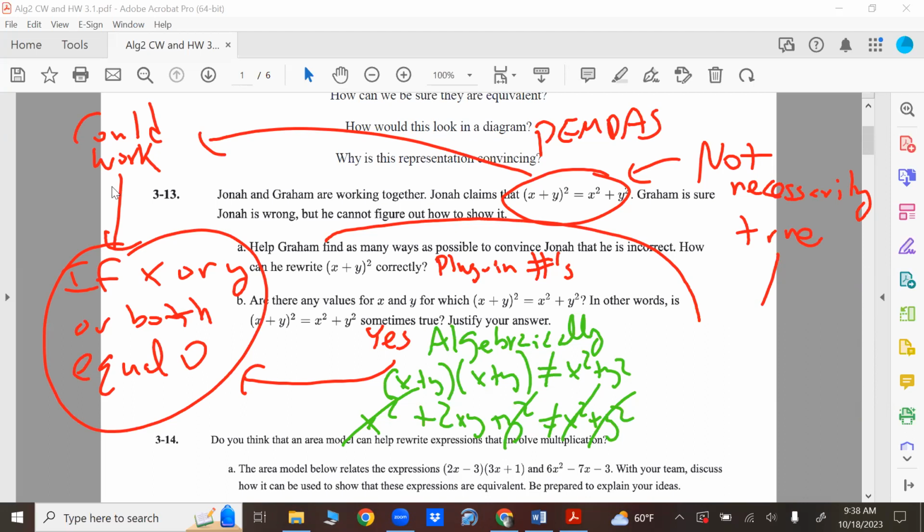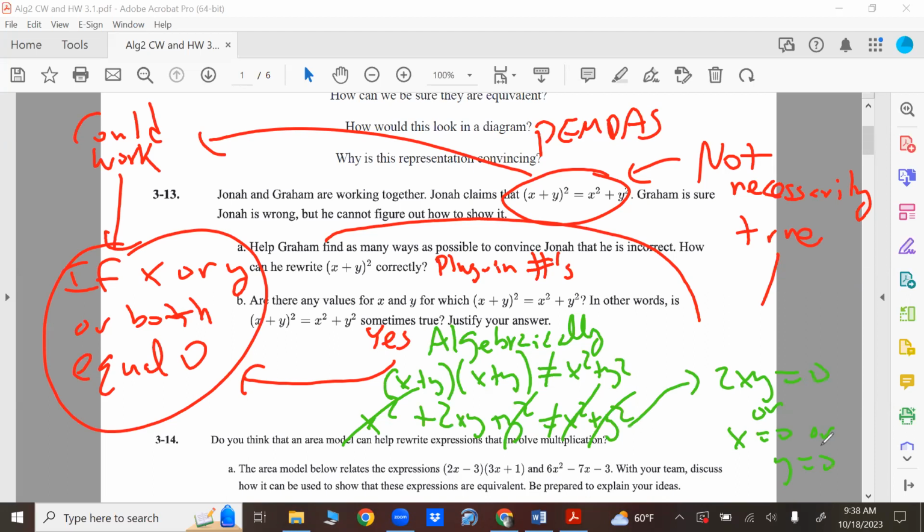Exactly, right. So then 2xy equals 0, or x equals 0, or y equals 0, in order to make that work. That's why it can work if x or y is 0. And that's the only time that would ever work. So that's what's happening there.